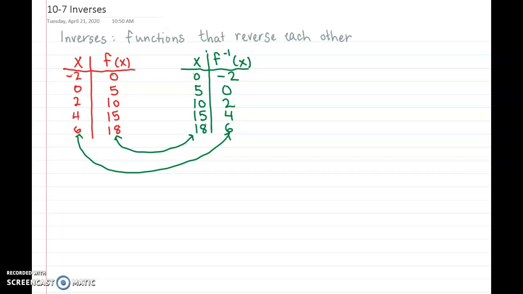The other thing you should know about inverses is what happens when you graph them. I'm going to graph these two functions. I'll graph f of x in red. So I have -2, 0, and 0, 5. And I have 2, 10. Oh, I didn't graph that very well. I'm going to fix that. Sorry.